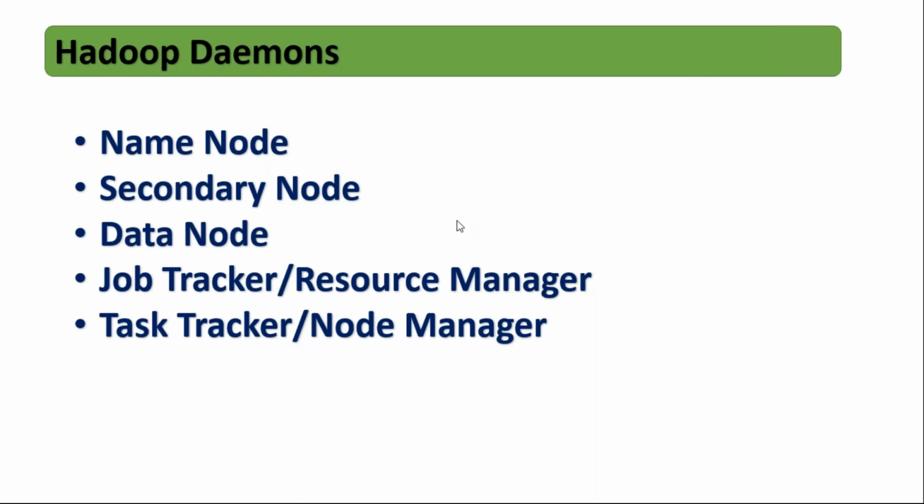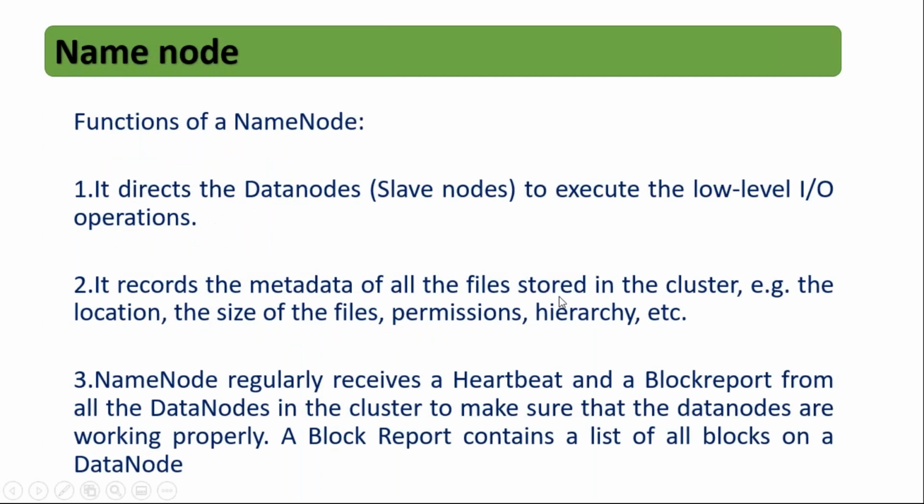So in the last session, we discussed Hadoop daemons, right? Function of name node, function of secondary name node, and function of data node, job tracker, task tracker, then resource manager, node manager. So the function of name node, we have already discussed. It directs all the data nodes, the slave nodes, to execute low-level input-output operations.